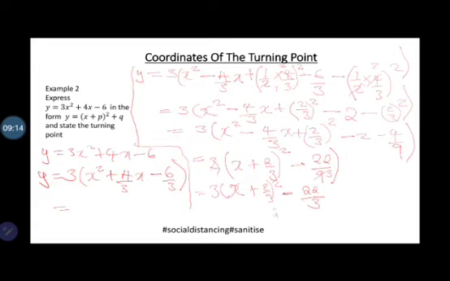So our turning point will be negative, what we have in place of p is 2 over 3, so negative 2 over 3 comma negative 22 over 3. So our graph would turn at that point.